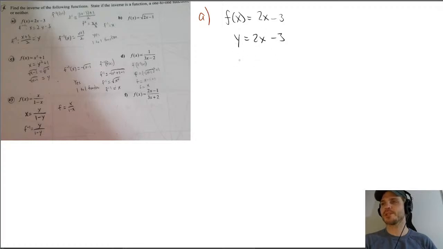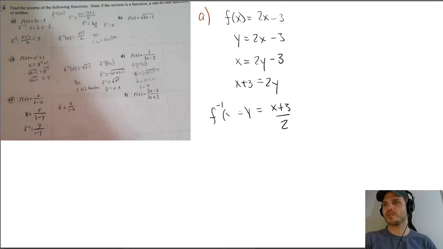Let's swap them now. So we've got x equals 2y minus 3. I'm going to add 3 to both sides, and then I'm going to divide by 2. Now this is our f inverse of x.